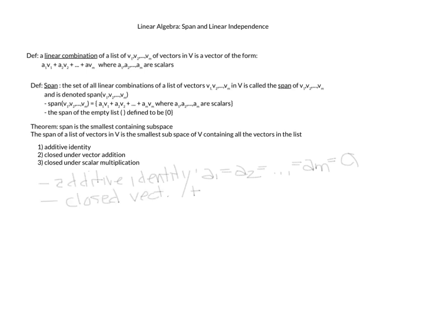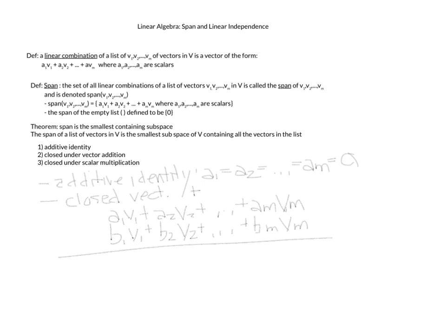So next, I have that it's closed under vector addition. If I have my first vector, I'll say that it is of this form, a1 v1 plus a2 v2 plus ... plus am vm. And then I'll have my second vector, b1 v1 and so on. It's a different vector in the span, so it's different coefficients in front of the same vectors. Some of them could be 0.